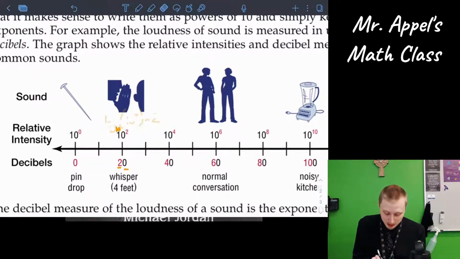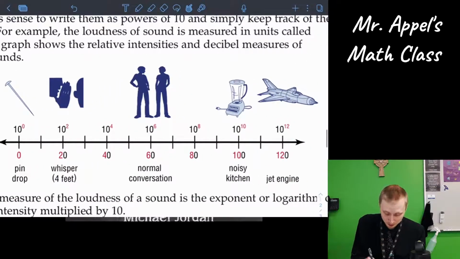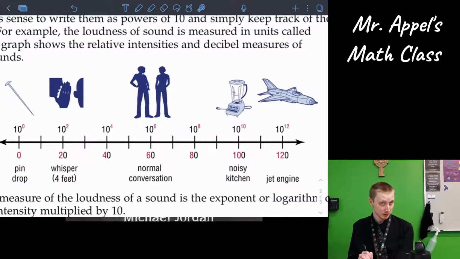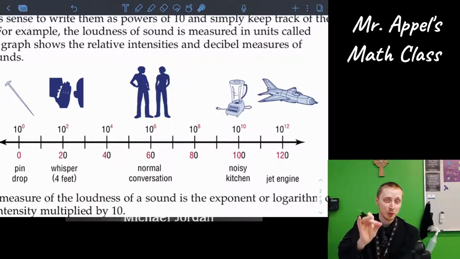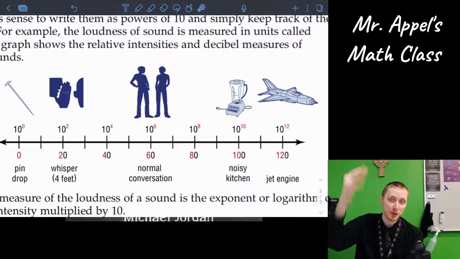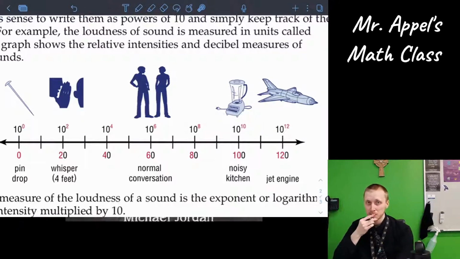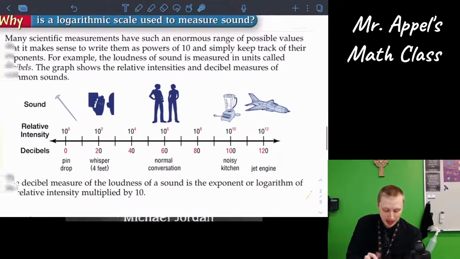Okay? Now we can see, oh, look at this. Normal conversation is 60 decibels. A whisper is 20 decibels. Does that mean normal conversation is only 3 times louder? No. It's a power of 3 louder. Okay? The decibel tells you how many powers louder it is.